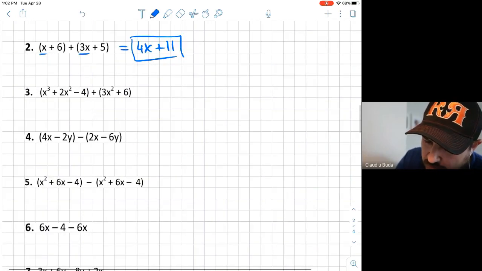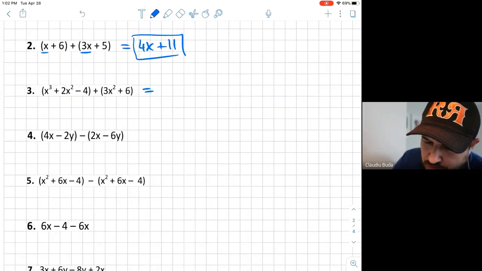Number 3, we have x cubed plus 2x squared minus 4 plus 3x squared plus 6. So we have addition, so we don't have to worry about changing any signs, just combining like terms.